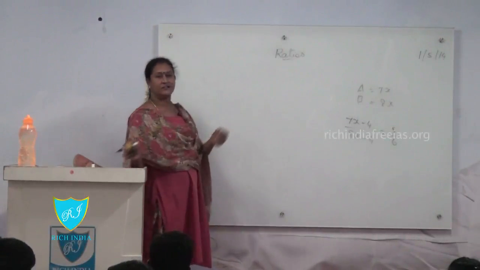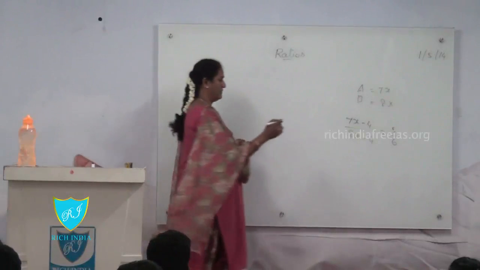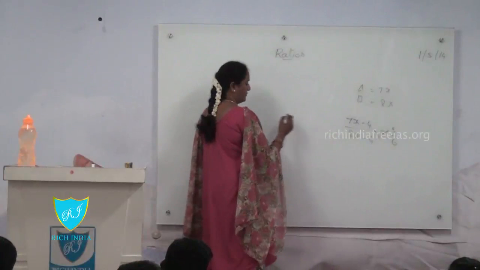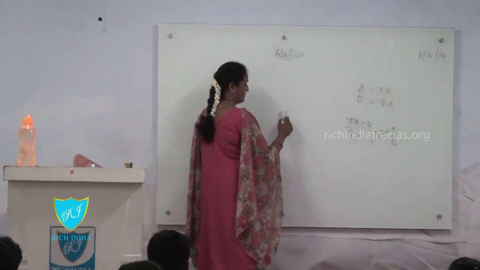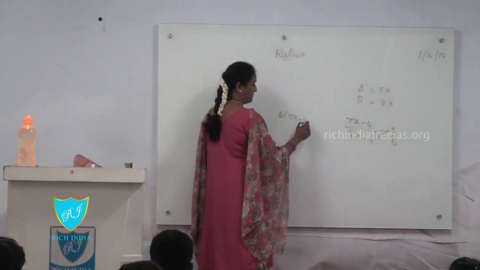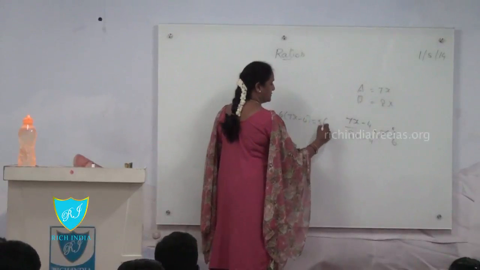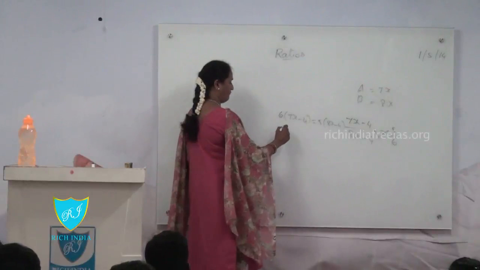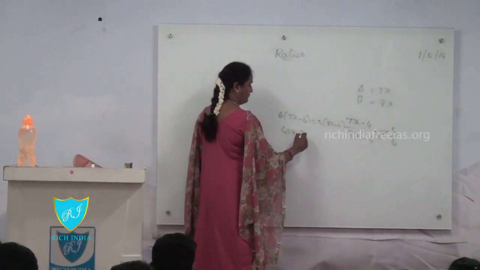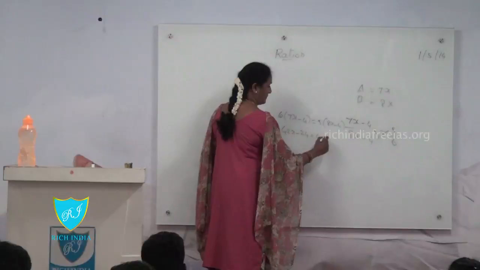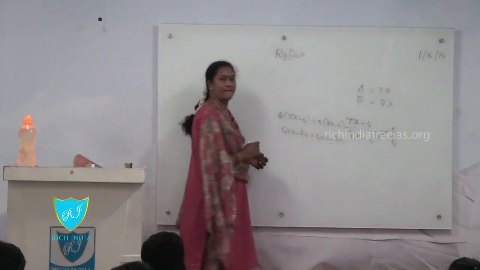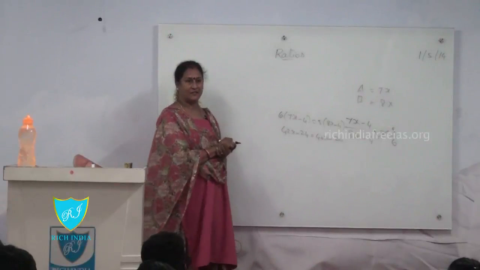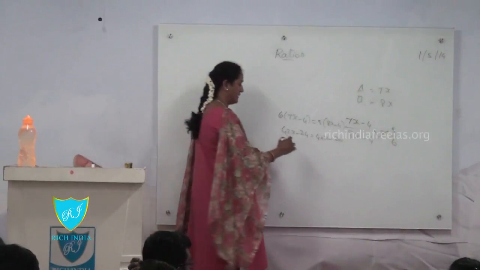And how to find this value x? So we cross multiply, and multiply this part. So now bring all the x terms to one side and the constants to the other side.